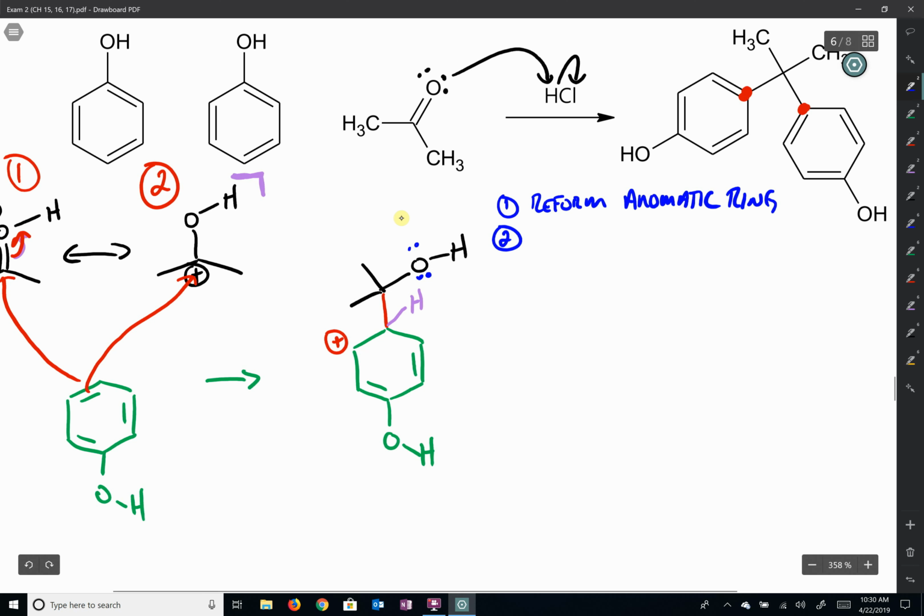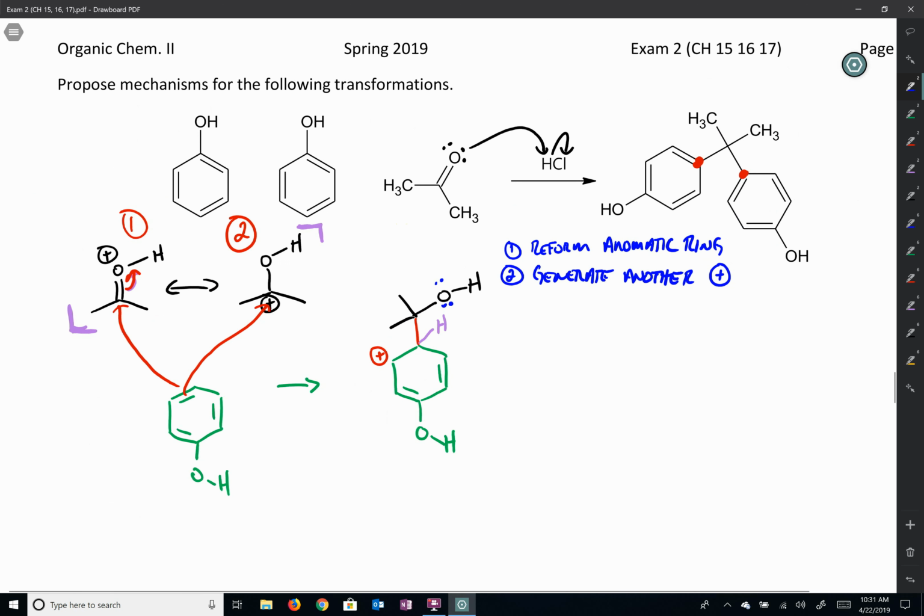There's a strong drive to reform it, right? And two, generate another electrophile. Excuse me, generate another electrophile. We have to generate another positive charge. And we have to do these two things. You say, okay, well, why? Well, remember, aromatic rings are stabilizing.